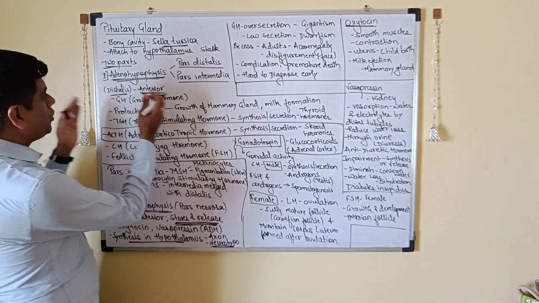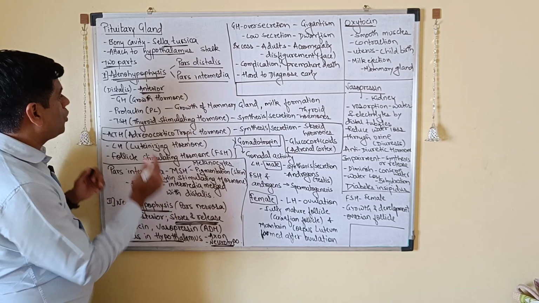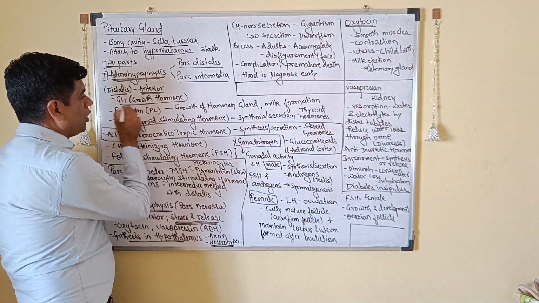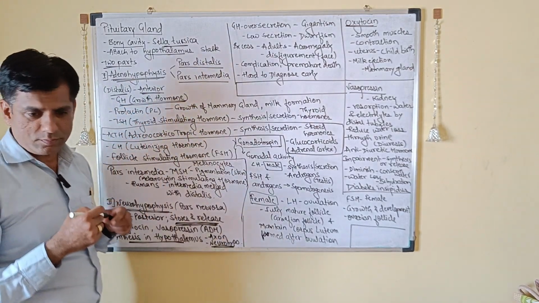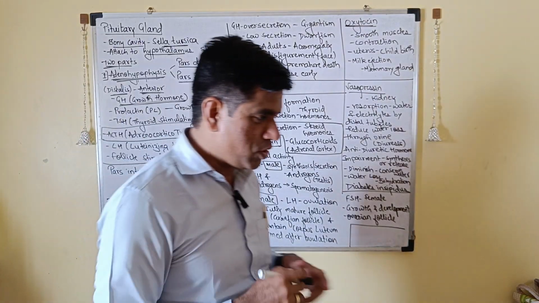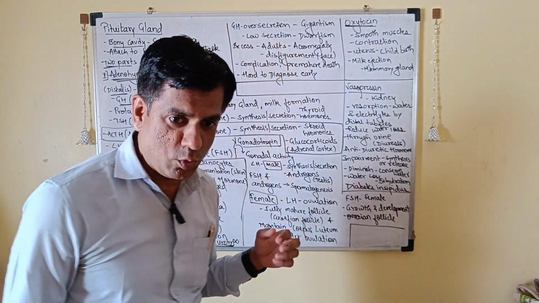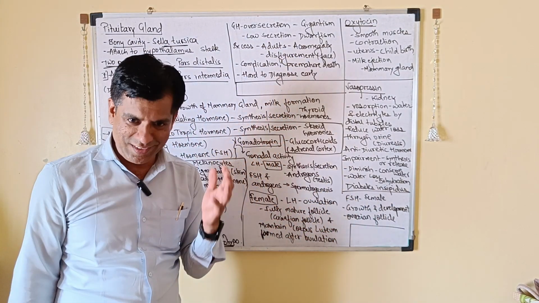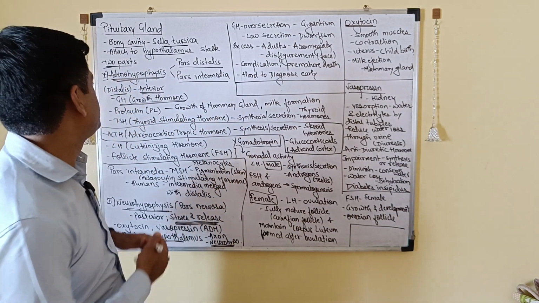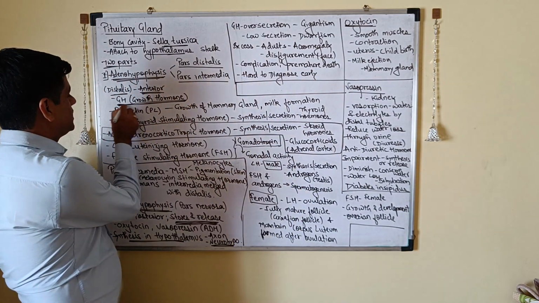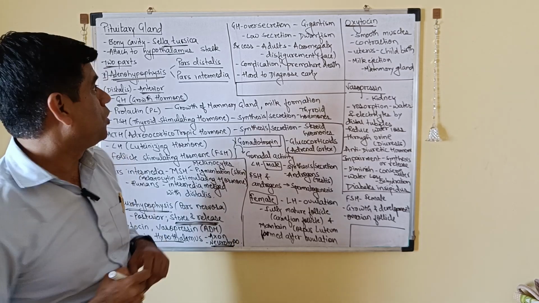So basically, coming back to your adenohypophysis producing different hormones, you have one hormone which we call the growth hormone. As the name suggests, it is causing you to grow, physical growth. I don't know how much you are growing mentally, but the physical growth of the body is under the control of this particular hormone called growth hormone.